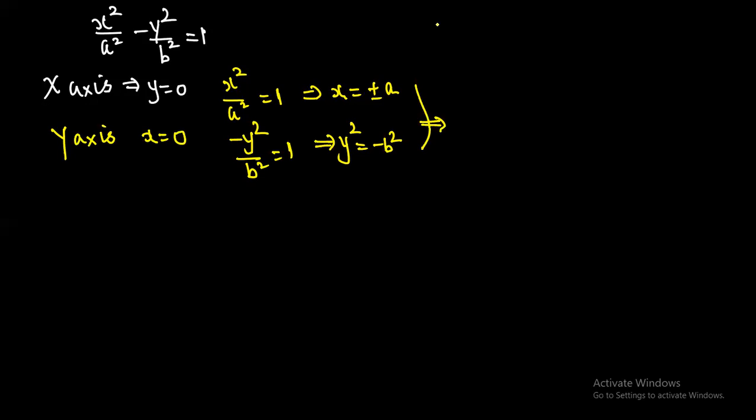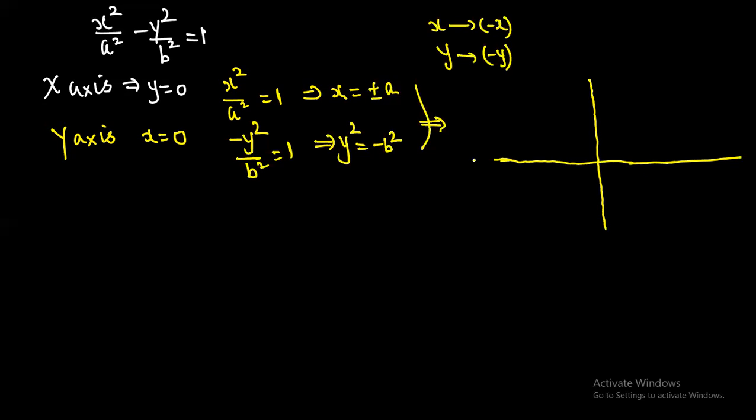If we replace x by minus x, graph remains same, and y as minus y, there is no change in the equation. Therefore, graph is symmetric about x-axis and y-axis. It will never intersect the y-axis. So the shape is like this.